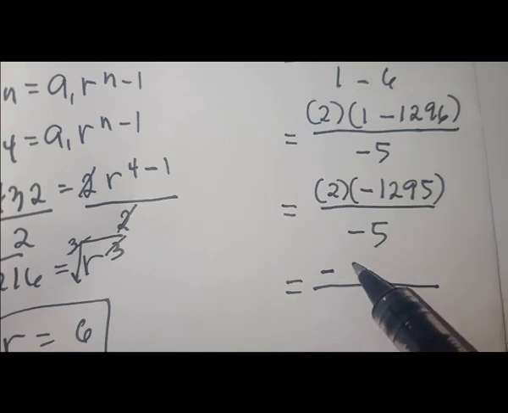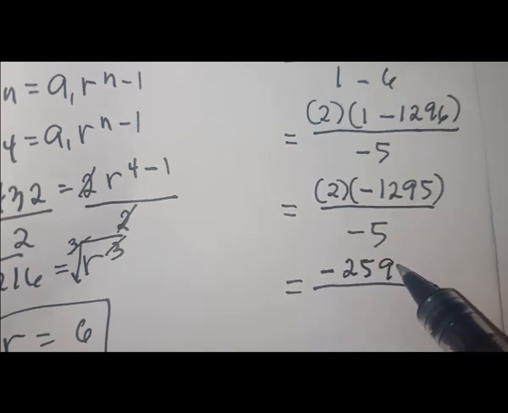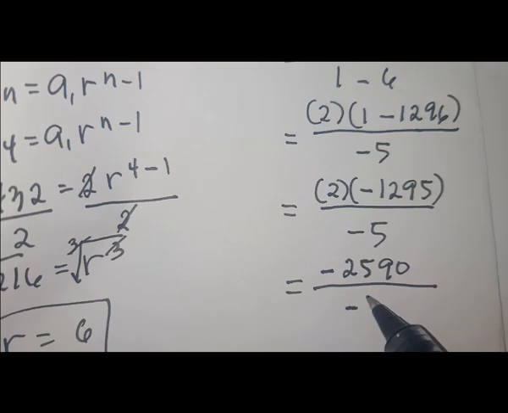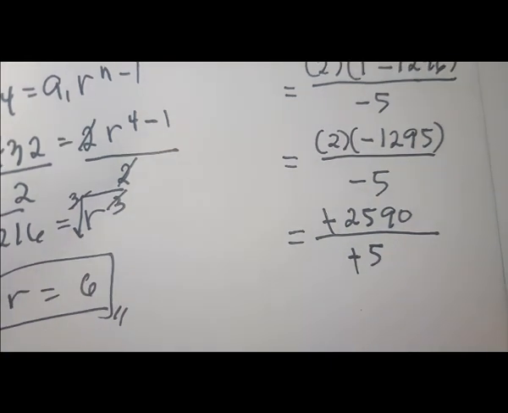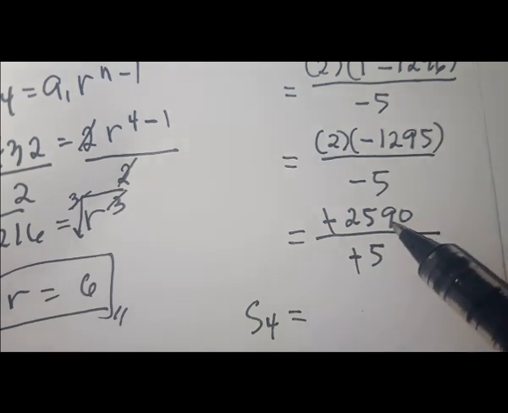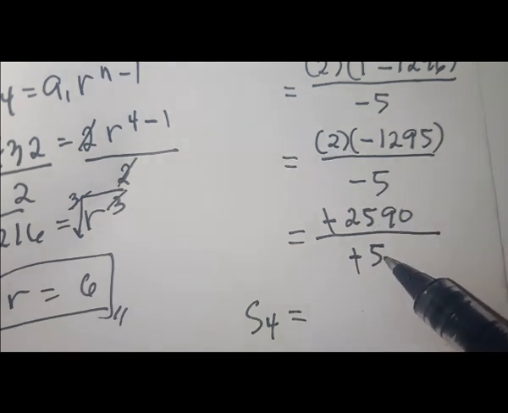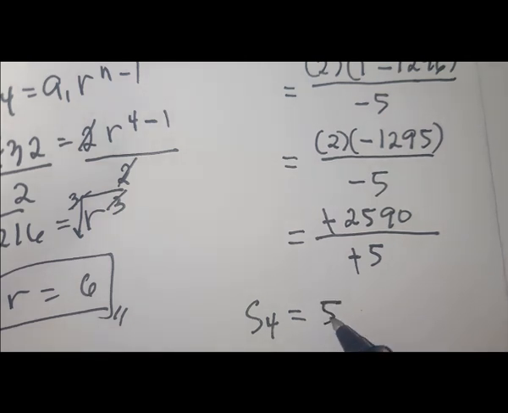Magkakaroon tayo ng negative 2,590 divide by negative 5. Okay? So, negative, negative, it will become positive. So, the sum of the given geometric sequence is 2,590 divide 5 will give you 518.